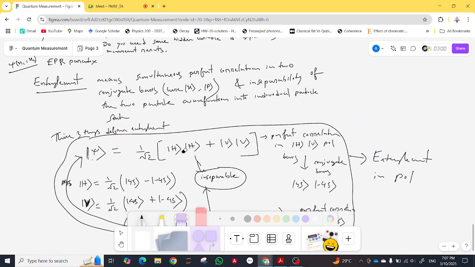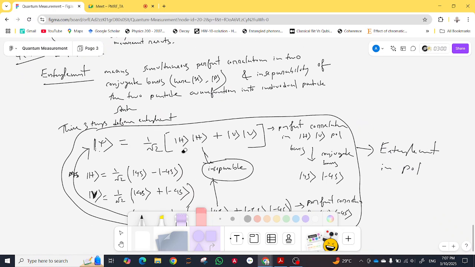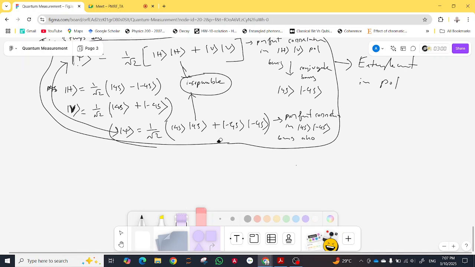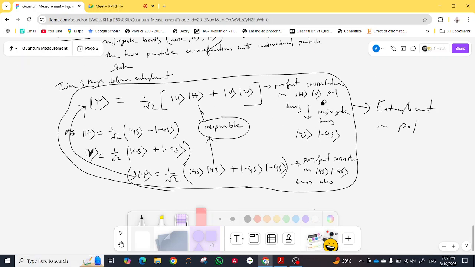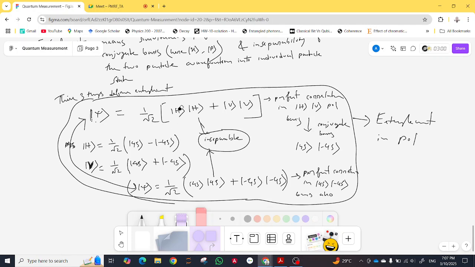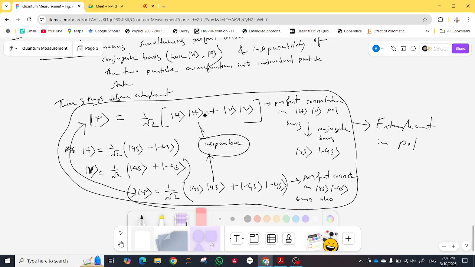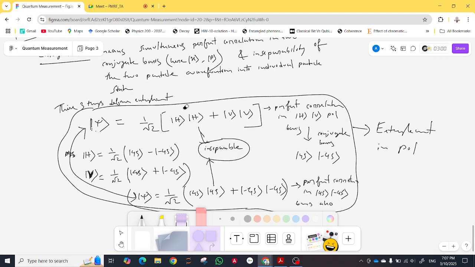So last week I told what entanglement actually means, right? You need simultaneous correlation in conjugate bases and also inseparability of the two-particle wave function state into individual particle states. As in the example, in the case of polarization entanglement, you need perfect correlation in HV as well as plus 45 minus 45 degree, these two conjugate bases, and also you shouldn't be able to write it as a single particle state, the inseparability of the two-particle state.